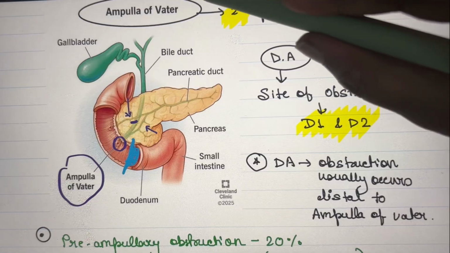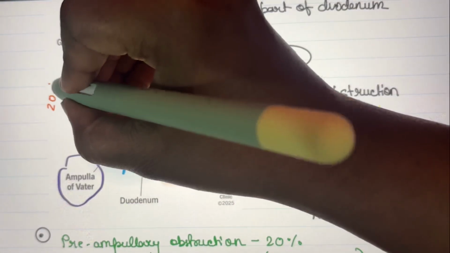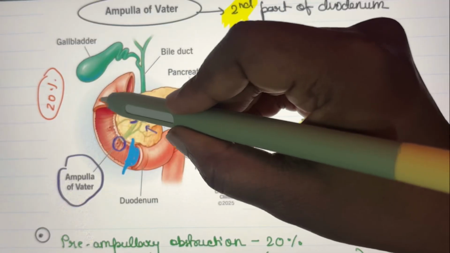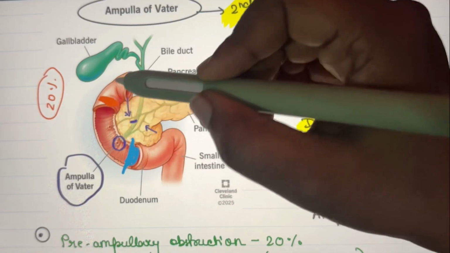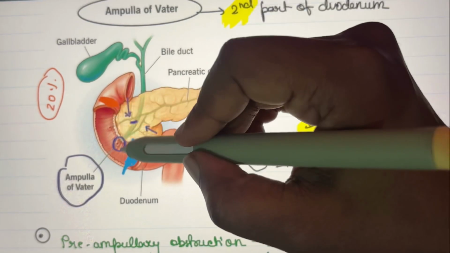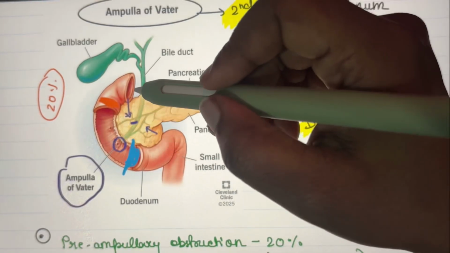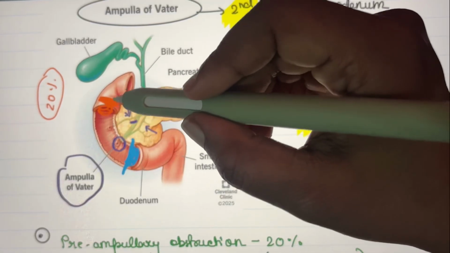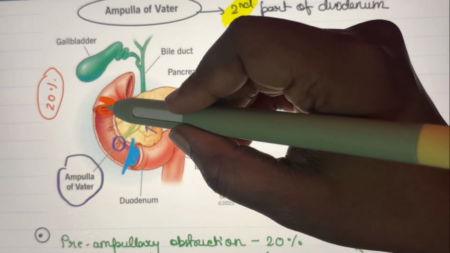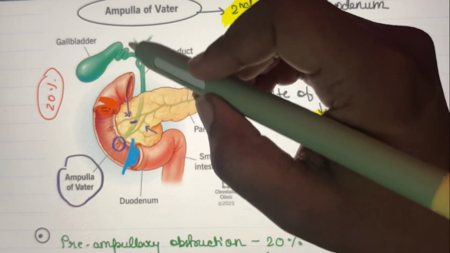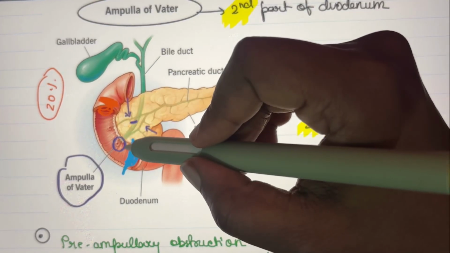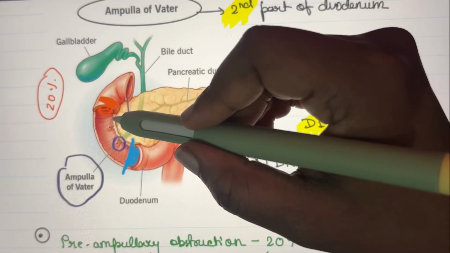But in approximately 20% of cases, there might be obstruction in the first part of the duodenum. The duodenum has 4 parts: D1, D2, D3 and D4. So if there is an obstruction in D1, it means the obstruction is proximal to the ampulla of Vater. So if the child is taking food, the food is not reaching the ampulla of Vater, so it is non-bilious.